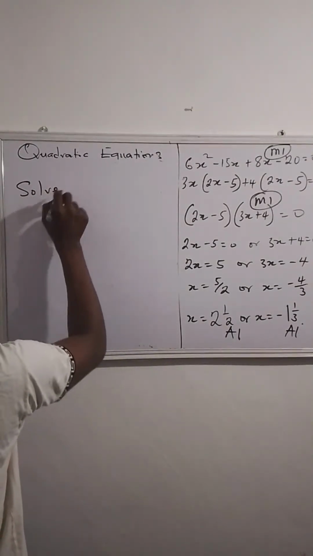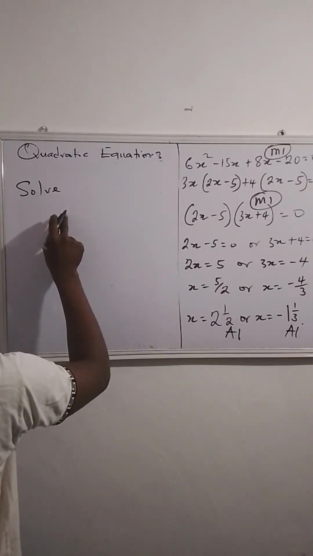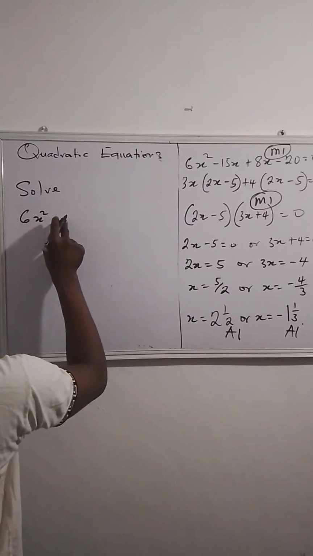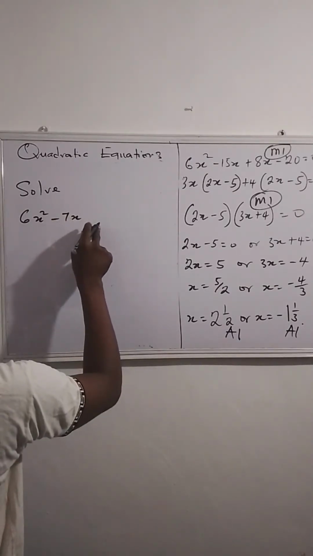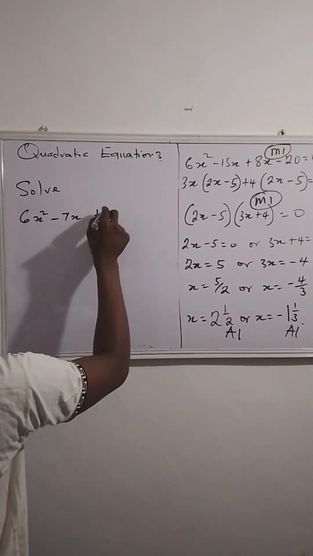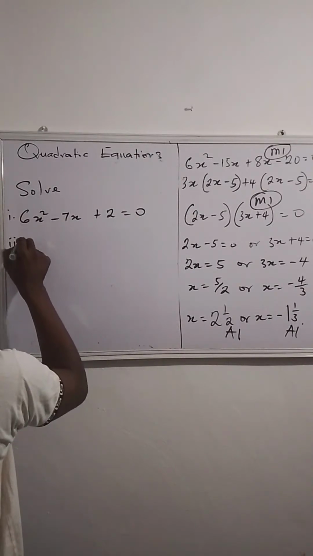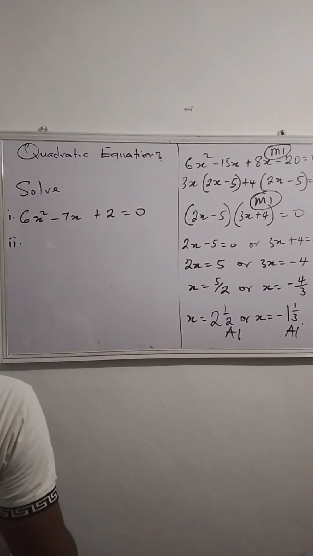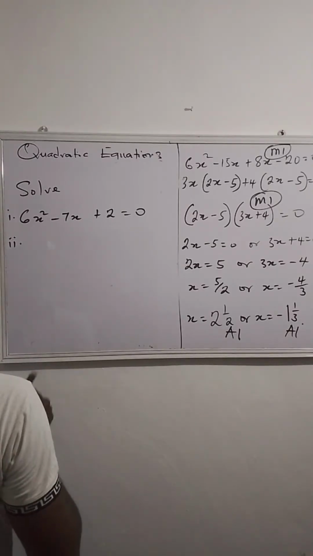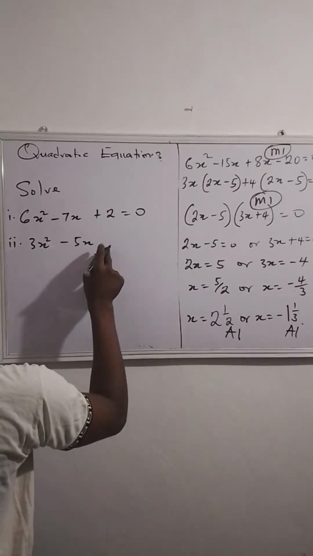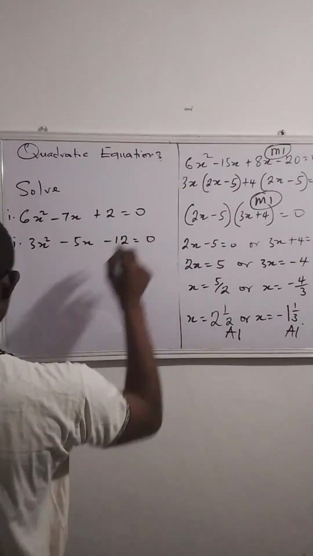Solve 6x squared minus 7x plus 2. That's the first one, and the second one is this: 3x squared minus 5x minus 12 equals 0.